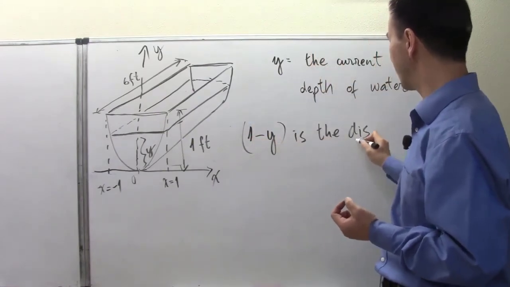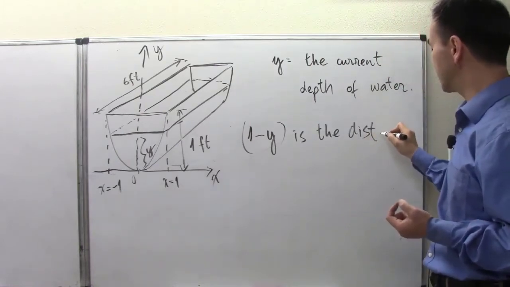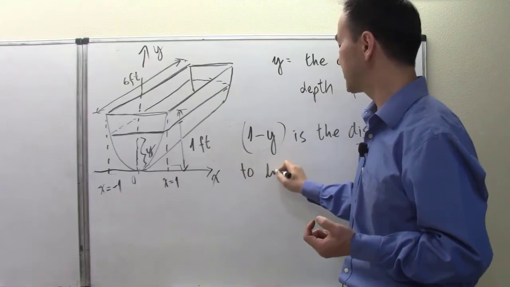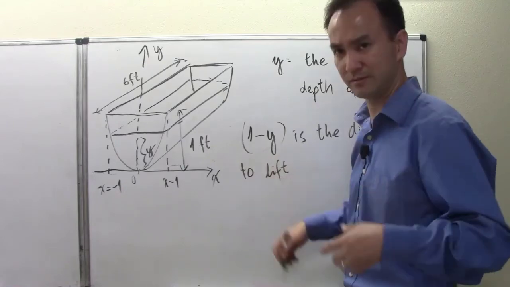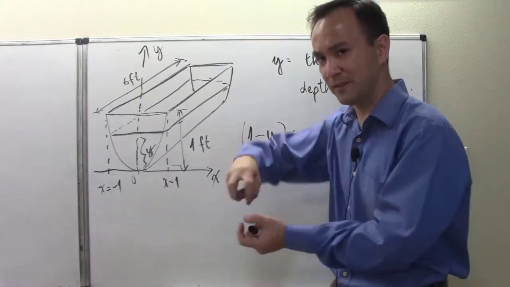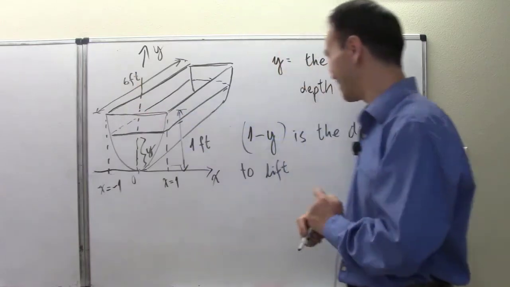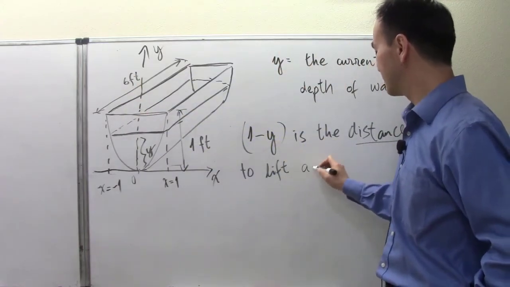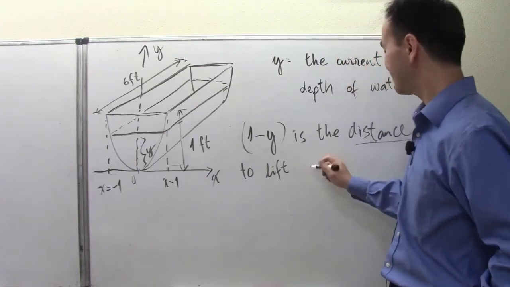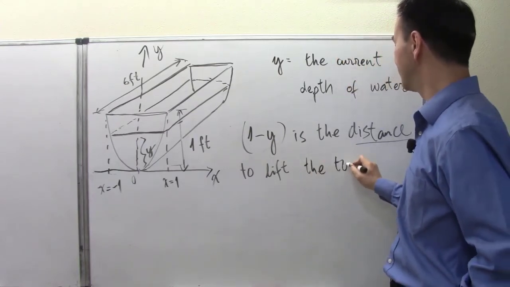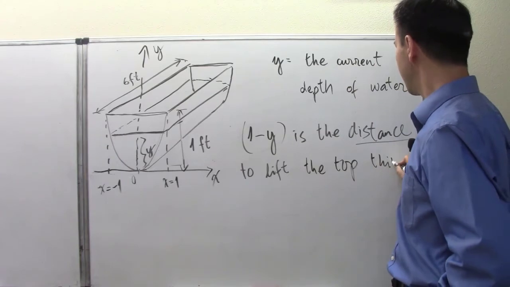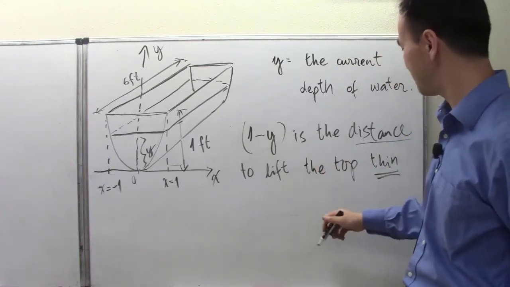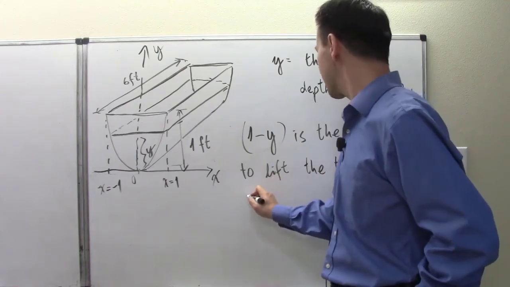This is important right here. 1 minus y is the distance to lift, or to pump. Pump is a different way of lifting the water. So 1 minus y is the distance to lift the top thin slice, and when I'm saying thin, it's infinitesimally thin.